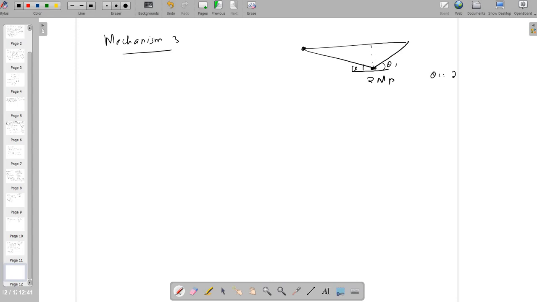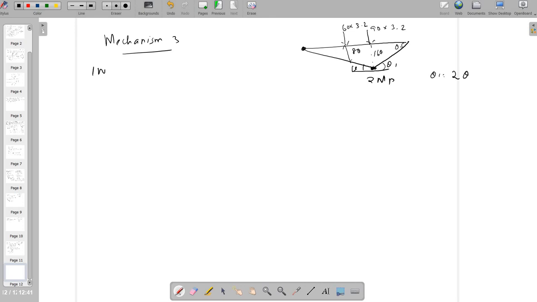Theta 1 equals 2 theta. Here it is 60 kilonewton and 90 kilonewton. Multiplying with the load factor, you can multiply initially and you can substitute the value. So here it is 8 theta, 16 theta.